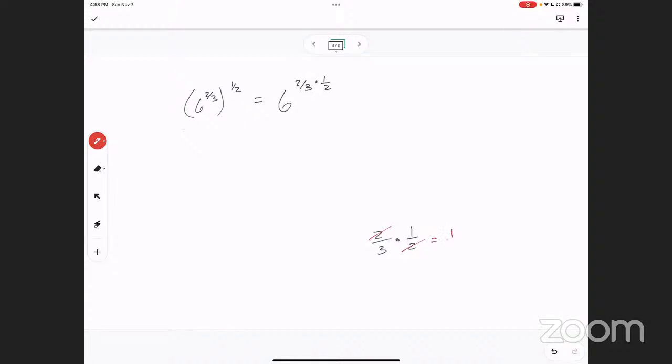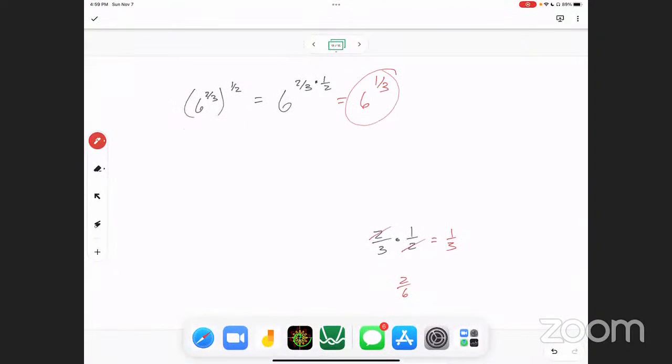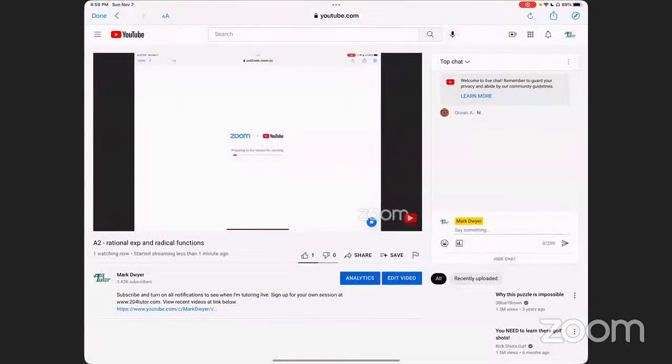So 1/3 is your answer. If you multiplied them, you would have gotten 2/6, and then you'd realize that's 1/3. Instead of multiplying, cancel first, and you'll be less likely to make an error. Just canceling factors. I always say, simplify before you multiply.